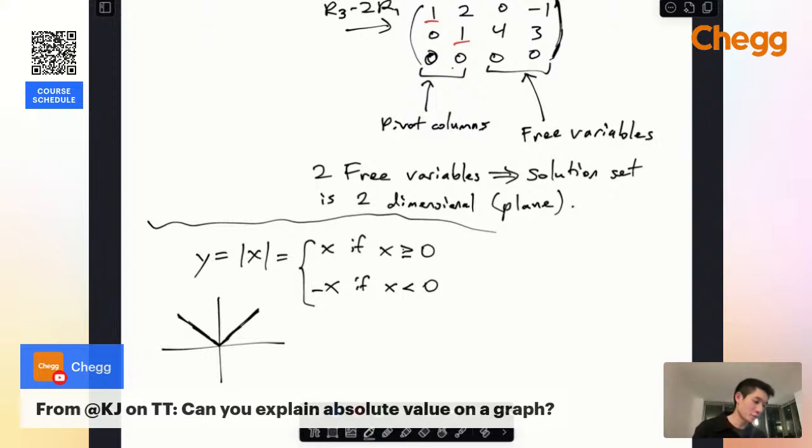The connection to linear algebra here is to note that even though this equation, y equals absolute value x, looks linear in the sense that it's not like x squared or x cubed, it's still degree 1, you can tell from the graph not being a straight line that this makes it not a linear equation.